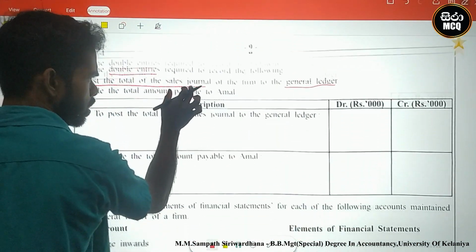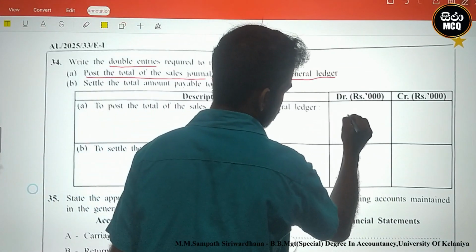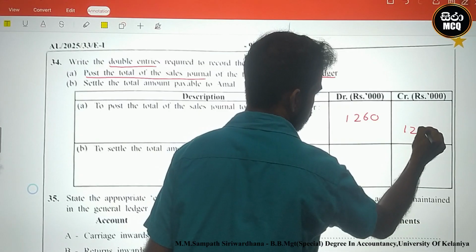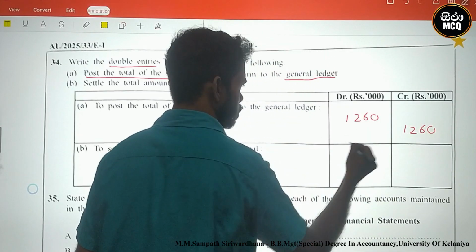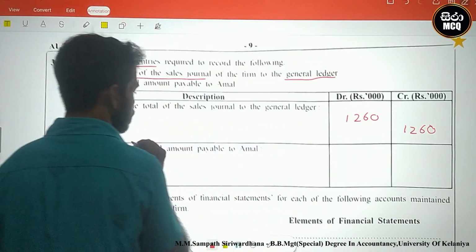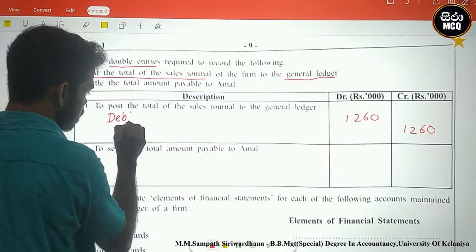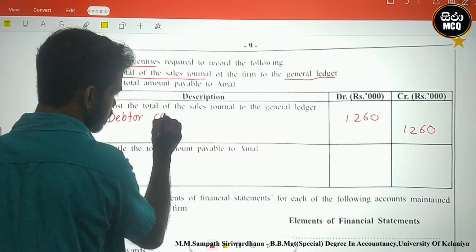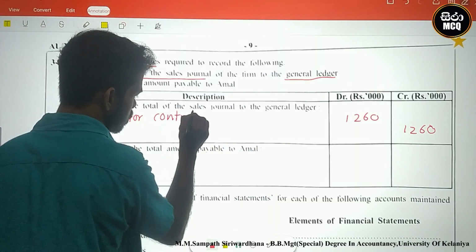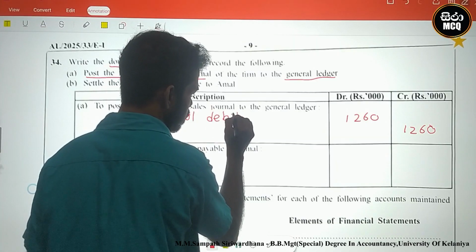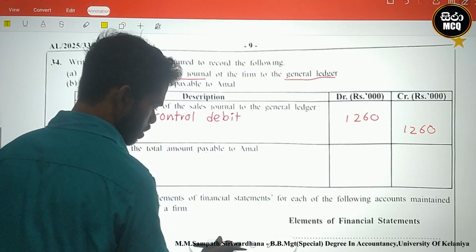Look here, this is a transaction, 1260. There is 1000 amount.